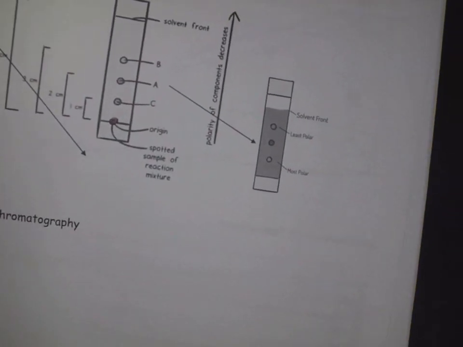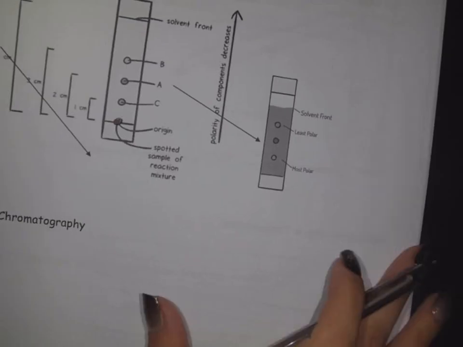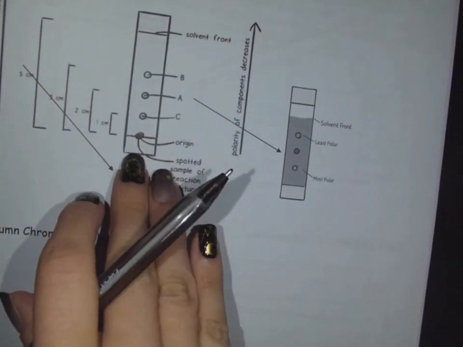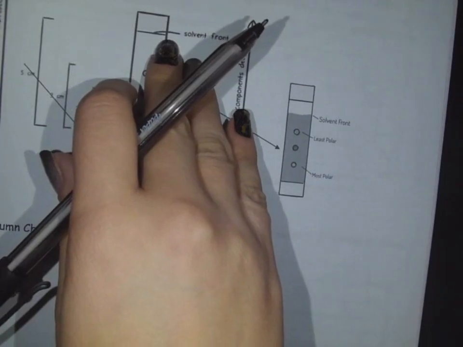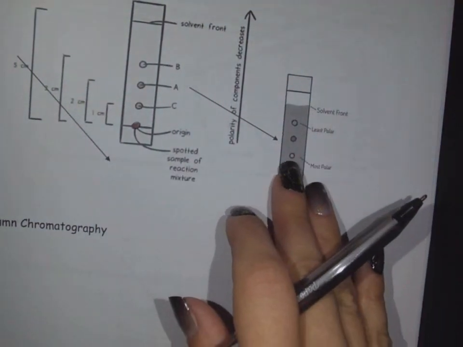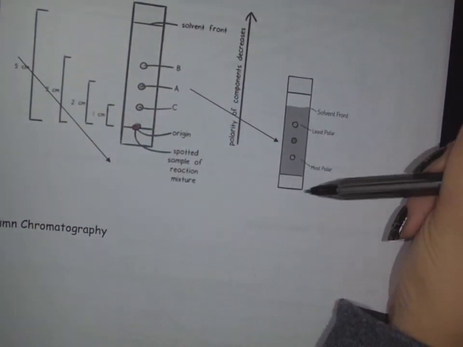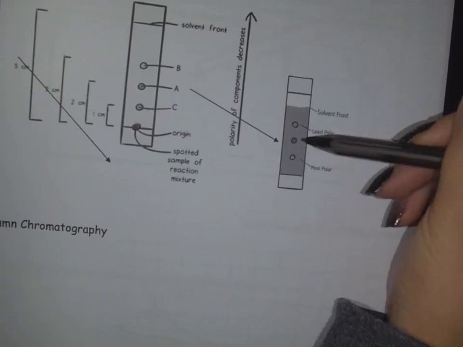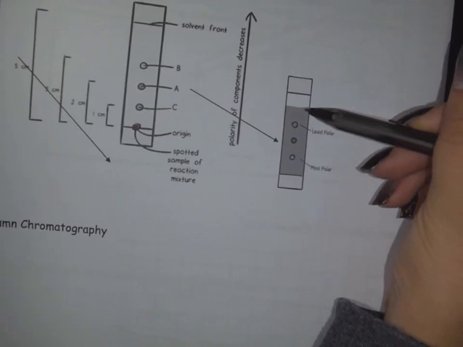Now, what if the mobile phase was non-polar? And that's actually this. Okay, so I gave you an example where water, the mobile phase, was polar. What if the mobile phase is non-polar? This liquid that I'm going to have travel through here is no longer water, it's something else, and it's non-polar.